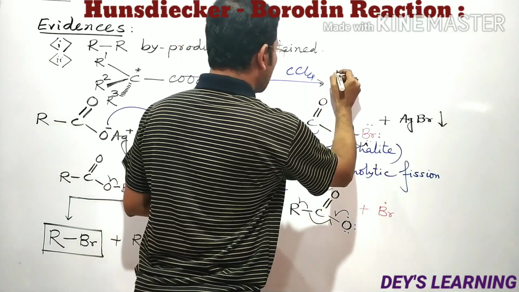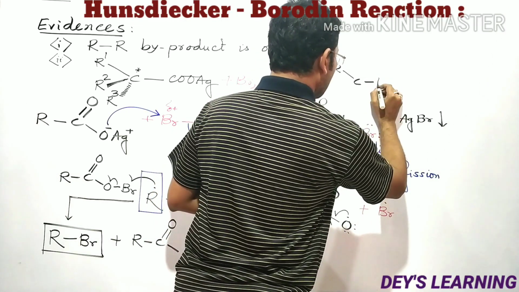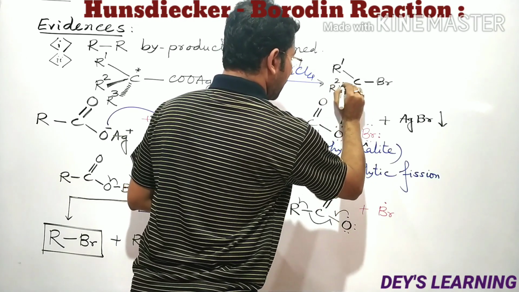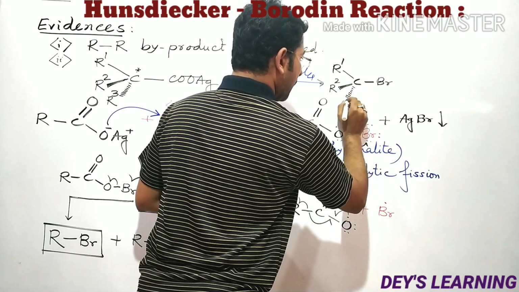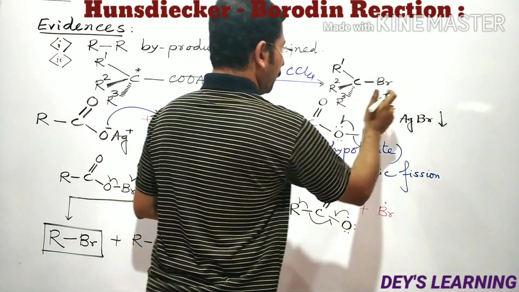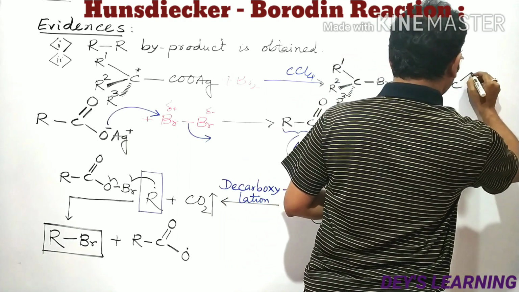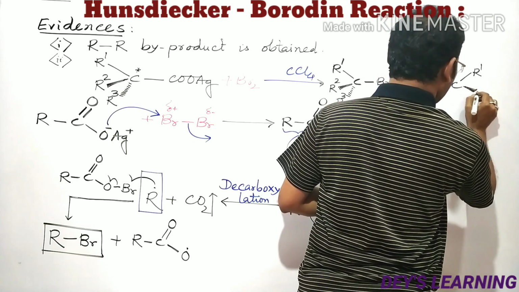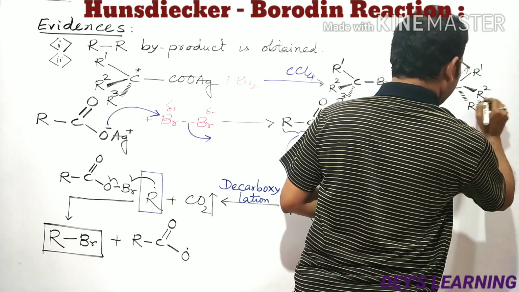this product, like R1 C, then bromine, and this one is R2 and this one is R3, and of course with it this product will also be obtained: R1, this one is R2, this one is R3.